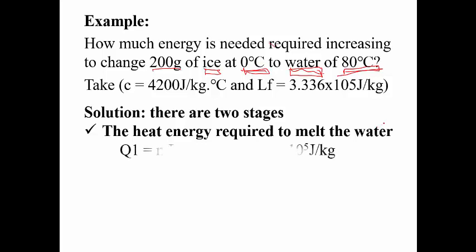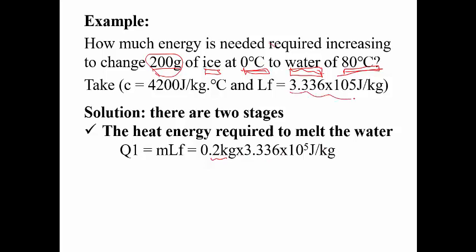Q1, to change ice to water, is equal to m times latent heat of fusion. Because it is solid to liquid, we can use latent heat of fusion. We substitute the mass, 200 gram, changed to kilogram by dividing by 1000, 0.2 kilogram, times 3.366 times 10 to the power of 5.